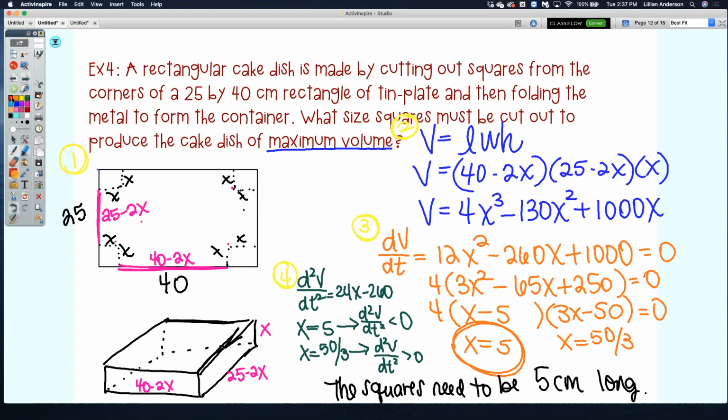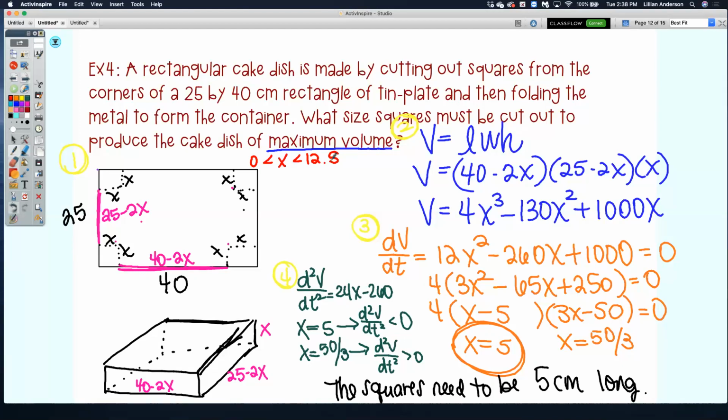So in this case, back when we got our volume equation, we probably would want to check as well to see if we have any endpoints. Clearly, x has to be greater than 0, because if it equals 0, then we're not cutting off anything. We still have a flat piece, and it would have to be less than 12.5.